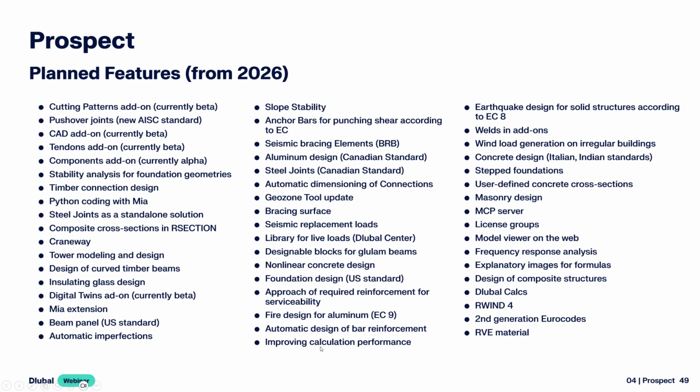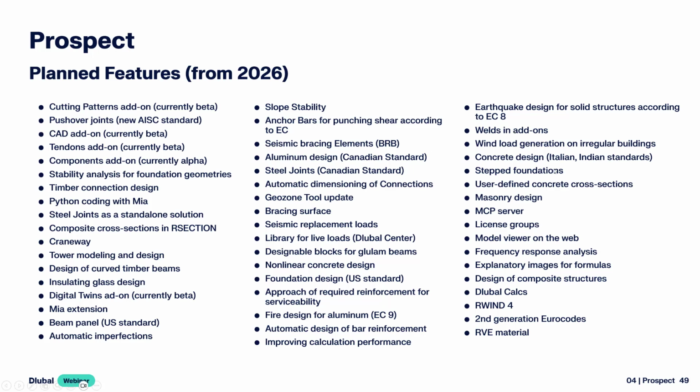Then we will improve the calculation performance. Then the earthquake design will be implemented for solid structures according to Eurocode 8. Then welds in the add-ons. You can, for example, generate surfaces from a member and the line welded joints will be created automatically.